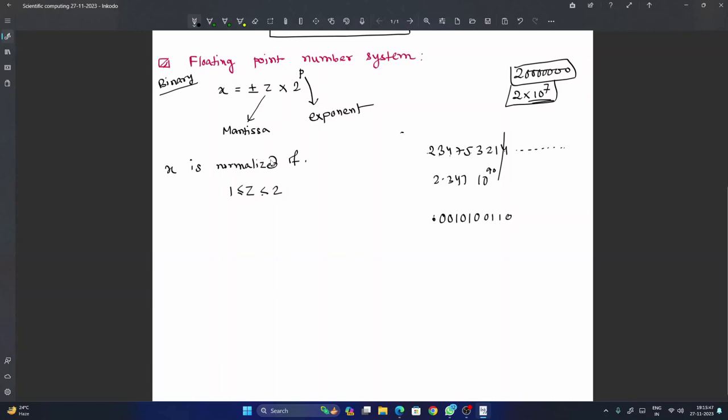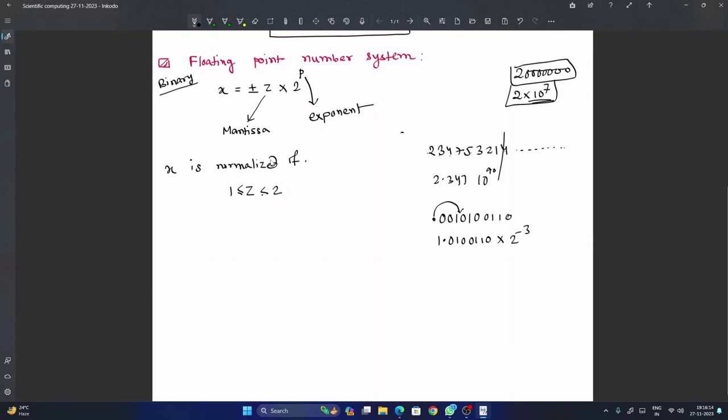But if you shift the point, then you will get 1 point 0 1 0 0 1 1 0 into 2 to the power minus 3, because you have shifted the point 3 steps in the right direction. That's why we have taken 2 to the power minus 3 here.